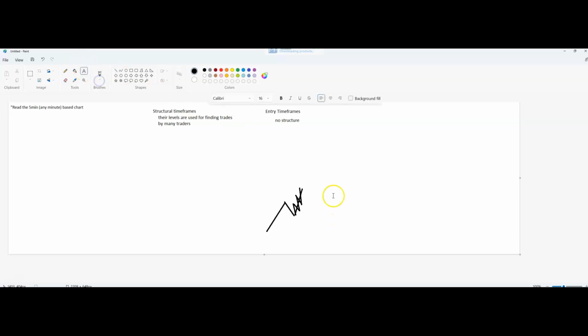And then the final time frame would be one level lower. So what I'm trying to say here is that there are 3 time frames that are used. Basically use 3 time frames. All right, that's what I'm trying to say.